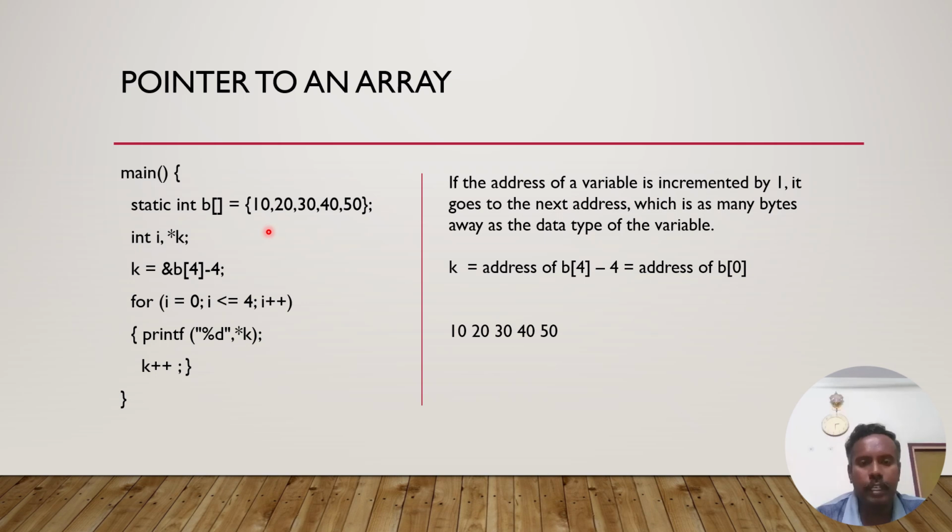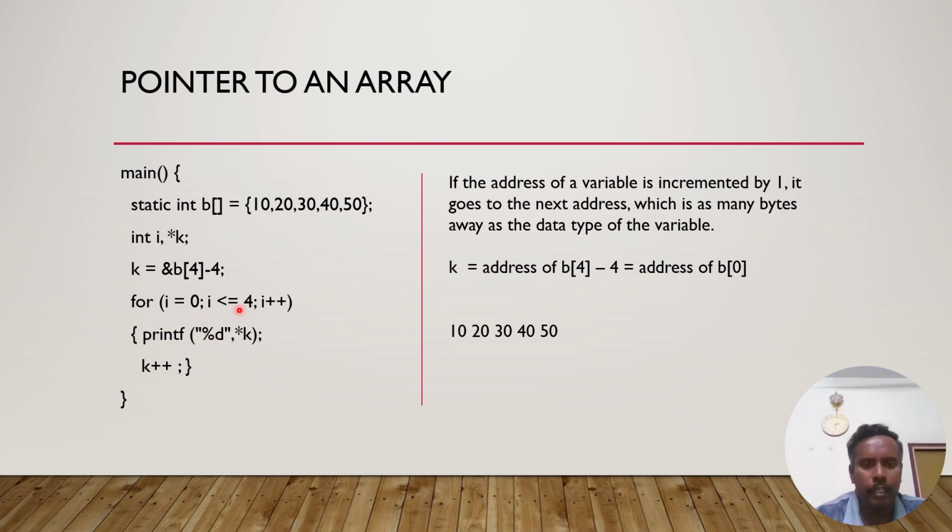If it holds a character variable, it goes to the next character variable. So it holds the data type. Whatever the data type is, it goes to the next of that data type. So this minus 4 means it goes from 50 to 10. Then this is as usual printing.